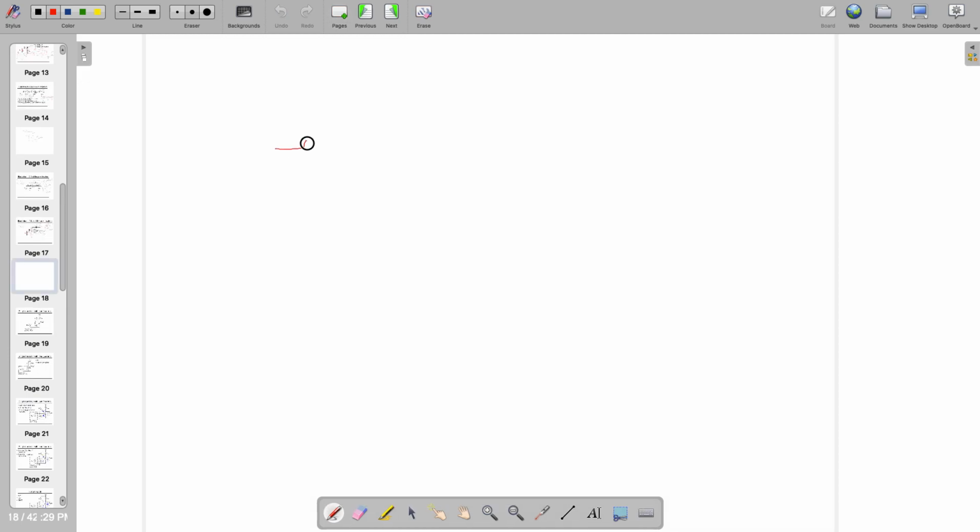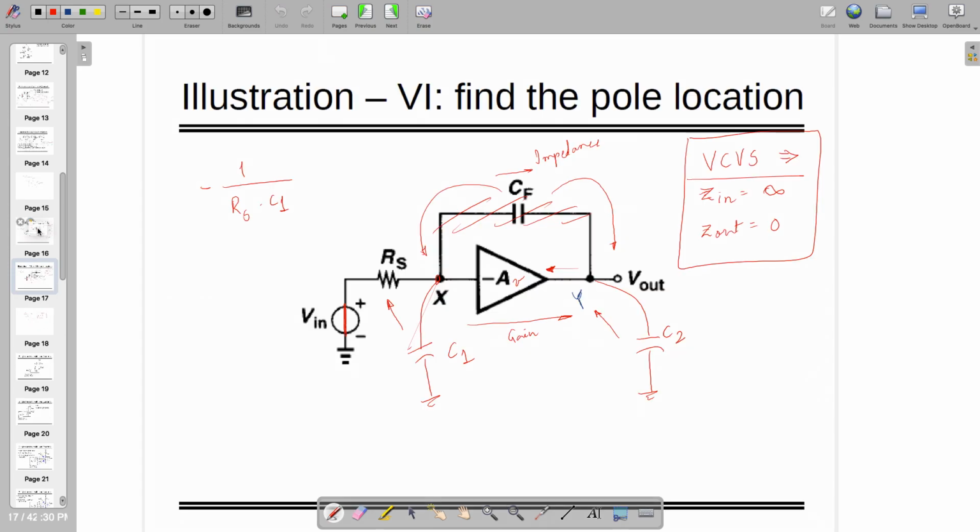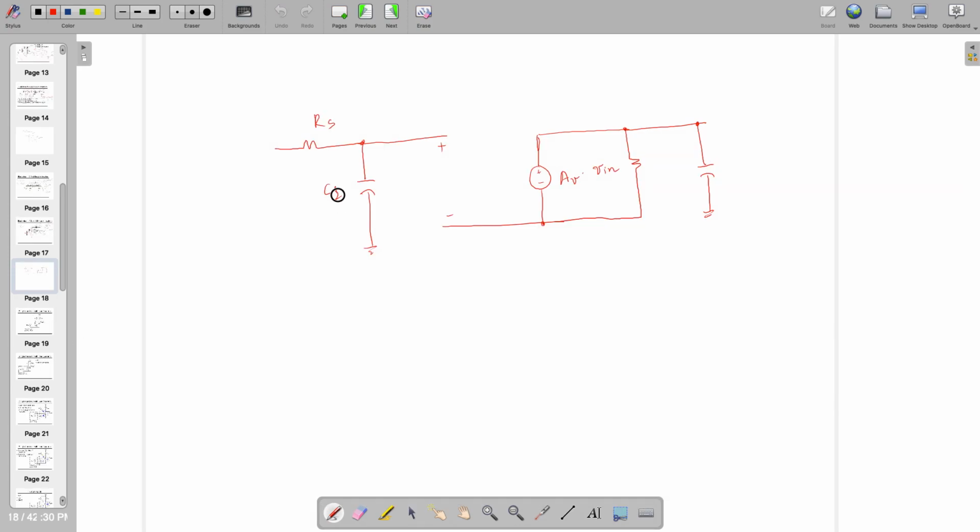Let's simplify this. This is RS. After decomposition you got this one. So input impedance is very high, and here it's AV, let's call it AV times V in, and having some resistance, and here we have kept the capacitor whose value is, this is C1 and this is C2, right?